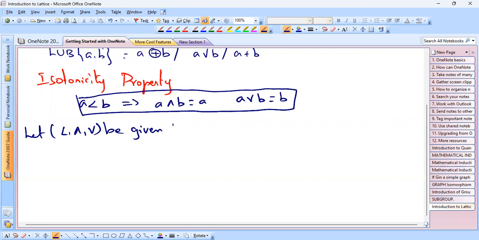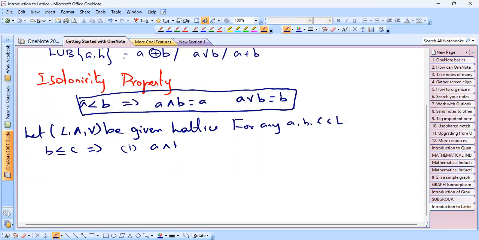So for any A, B, C belongs to L, we have B ≤ C implies the first condition is A and B ≤ A and C. Similarly, the second one is A or B ≤ A or C. Now we are going to prove this.